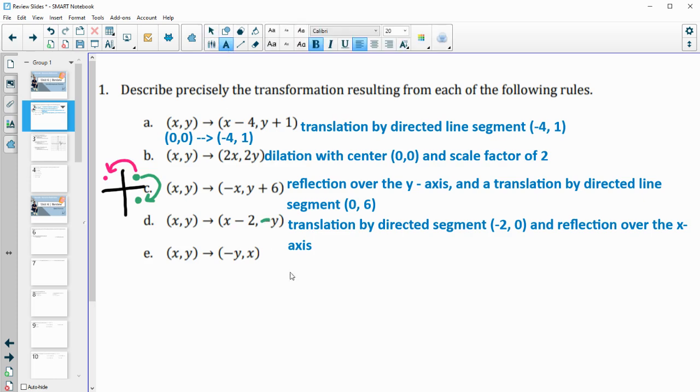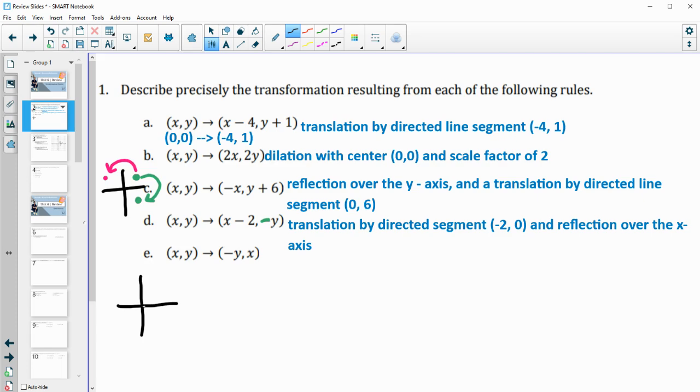And then the last one. This last one does some interesting stuff where now the x and y are in opposite spots. It switched the x and y, and it's doing the opposite of the y. I often don't remember this rule, I don't have it memorized.